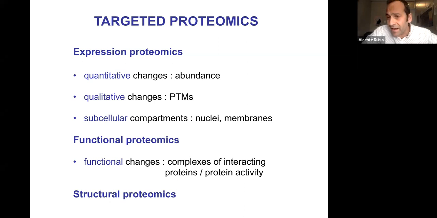And we can even characterize the proteome of a specific subcellular compartment: the nucleus, membranes, organelles. For functional proteomics, which is actually the focus of this talk, we aim to characterize the function of a specific protein, its activity, and also its ability to interact with other proteins or to become part of a protein complex. And finally, there is also structural proteomics.